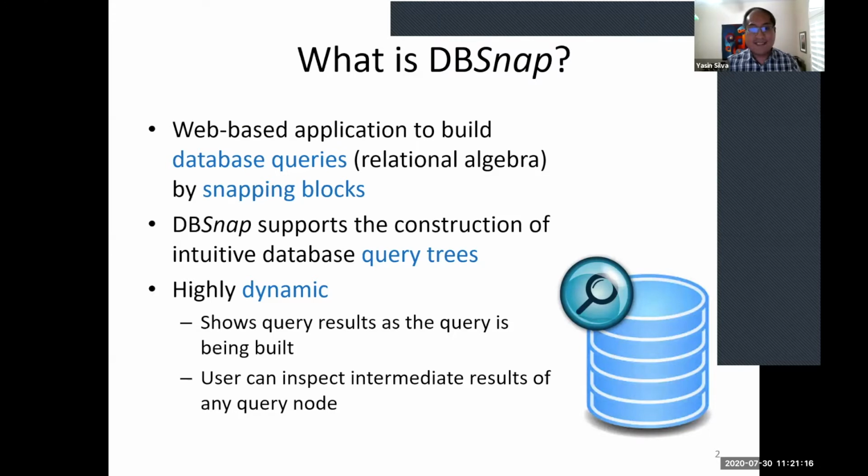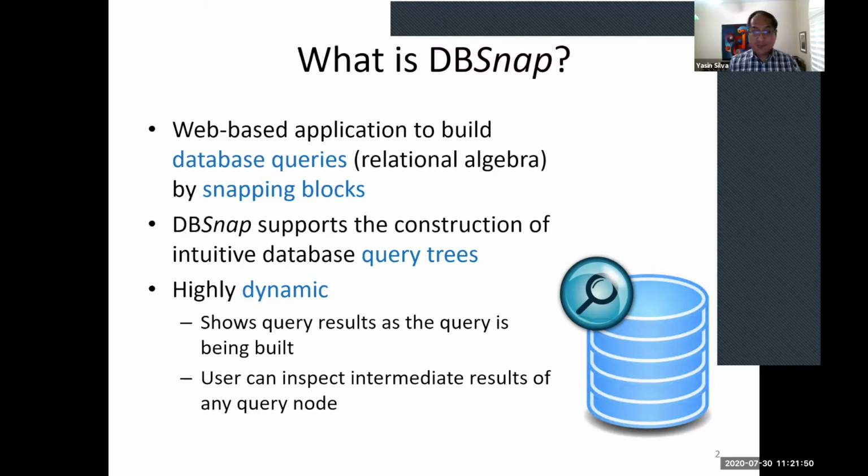DBSnap is a web-based application to build database queries by connecting and moving blocks. It supports the relational algebra language in theory, but because of the commonalities between relational algebra and SQL, which is an industry standard for querying languages, especially in relational databases, DBSnap supports a large subset of the SQL language too.